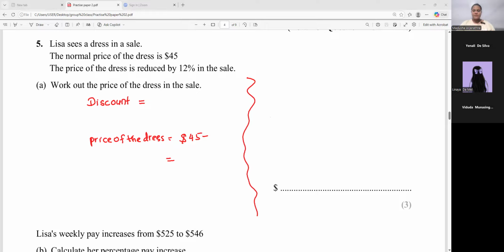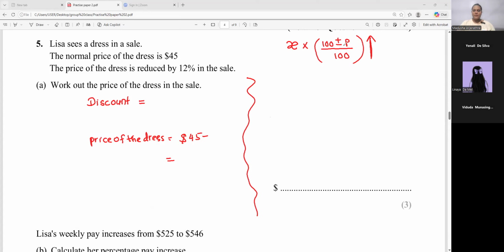I will write X for the amount times (100 plus or minus percentage) over 100. If we add this percentage, it means the answer should be more than the given value. This is 45 now. If we add the percentage, the answer is more than 45.